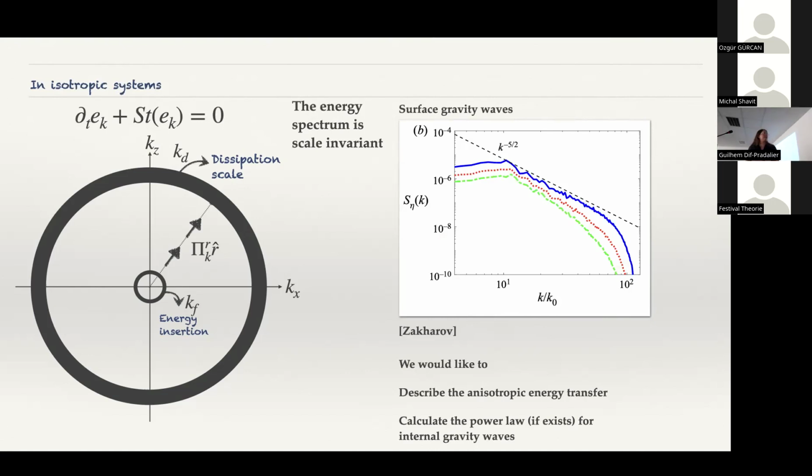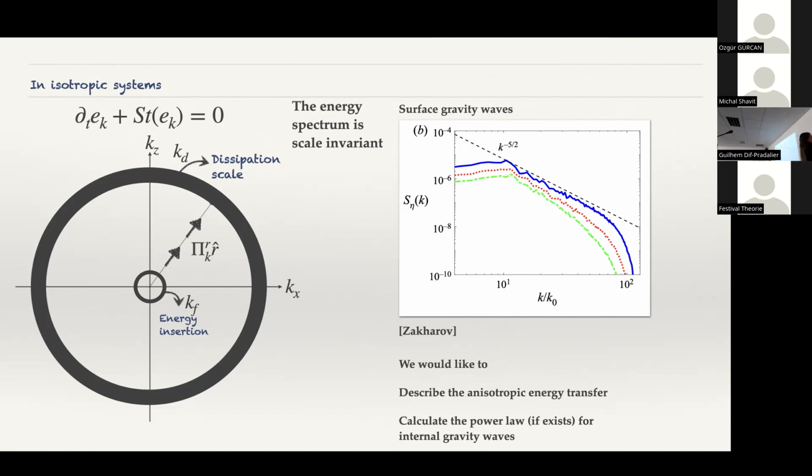So we know that for example for surface waves, or for isotropic 3D turbulence, the way energy is transferred is isotropically with this power law.